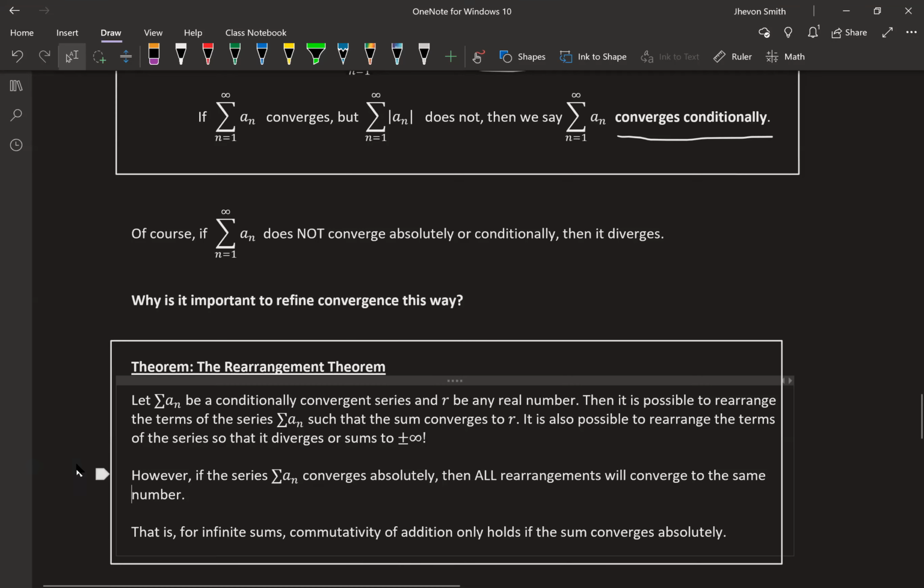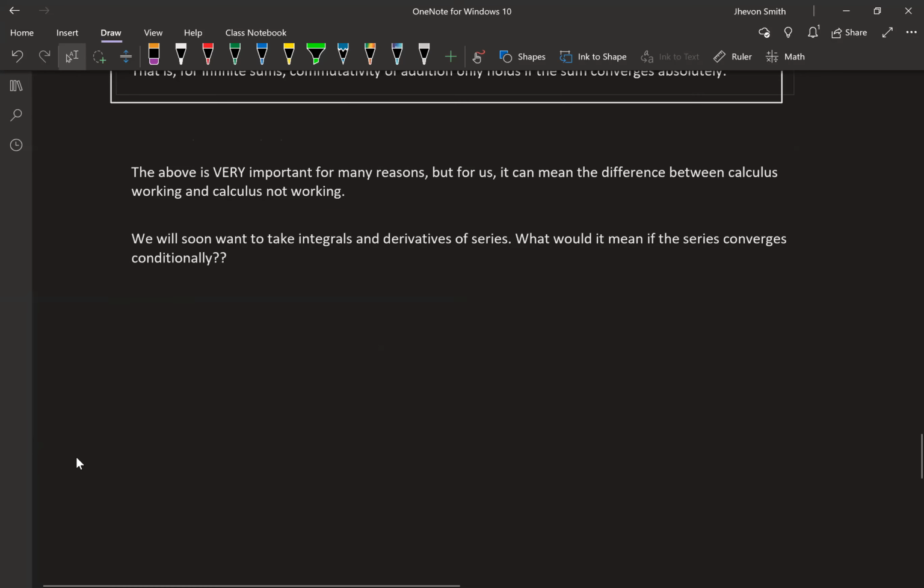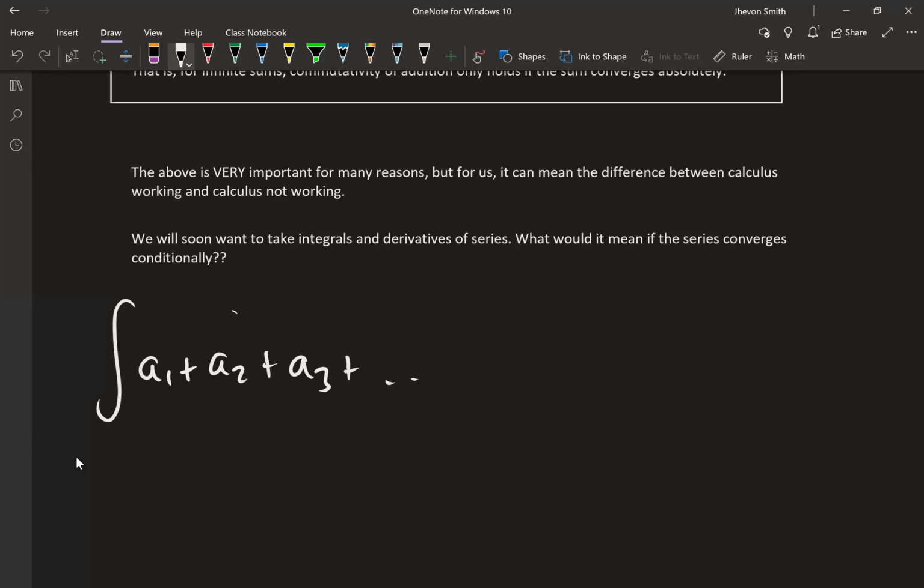This is important for many reasons, obviously, but it's important for calculus. We're going to get to the point where we're going to want to add up and integrate or differentiate an infinite number of terms.